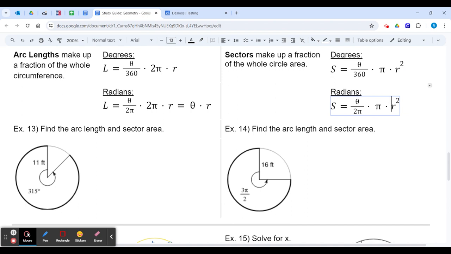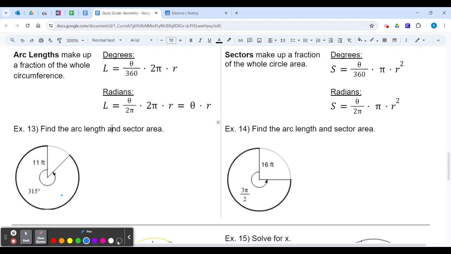So to find the arc length and the sector area for example 13, we have an angle of 315, and that is in degrees. So I'm going to use my formula L equals 315 over 360, and then multiply by 2 pi times r, which in this case is 11.